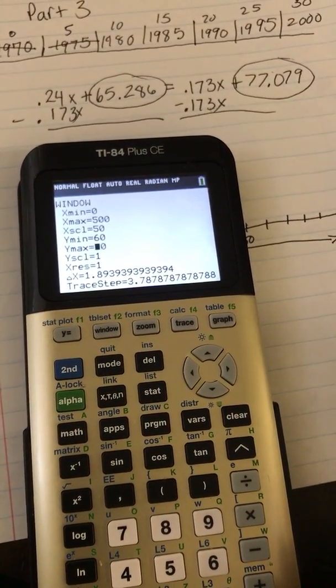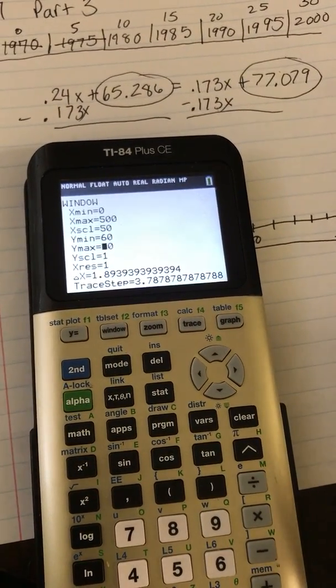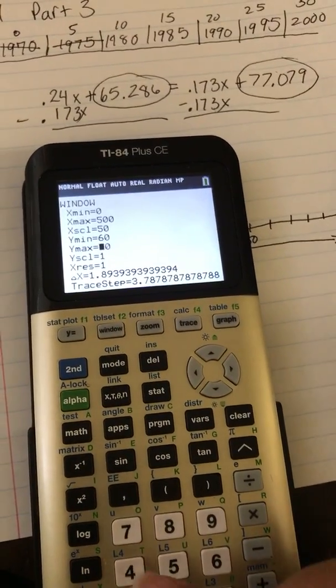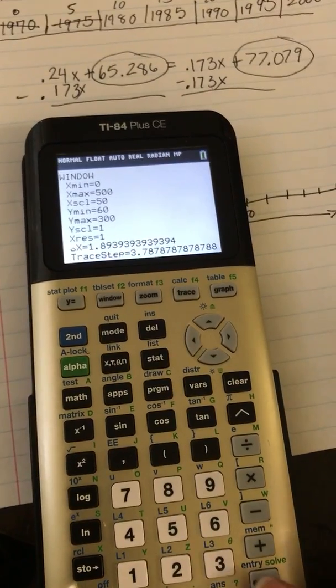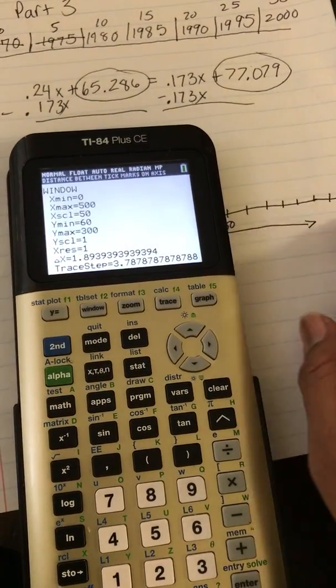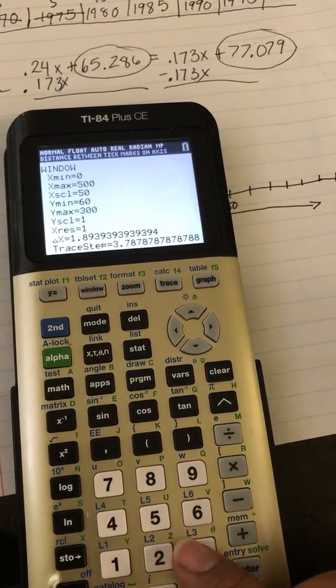The y maximum, I don't know when they'll be equal to each other. So again, I'm going to go high. I'm going to say 300 maybe. You could do 500 if you'd like. And again, the marks, I always divide by 10, so that'll be 30 for me.